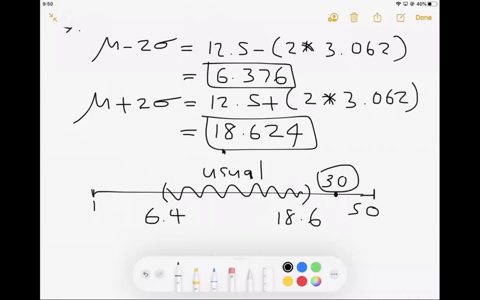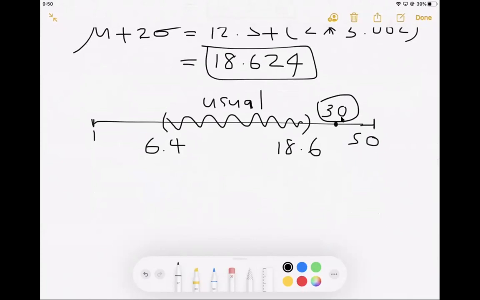According to these two boundaries, if it's a usual value, then definitely those values are in between these two boundaries. But according to the question, how can we guess 30 correct answers? Here it's really unusual. So we can say it is unusual for a student to pass the exam by guessing. Why?